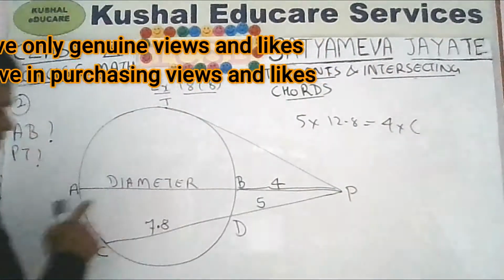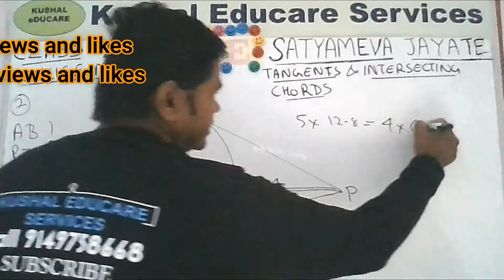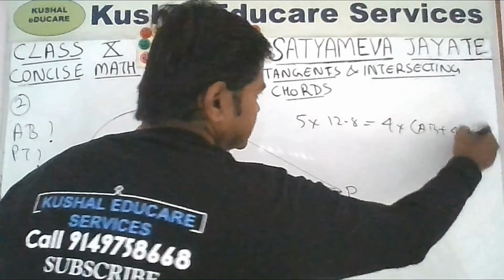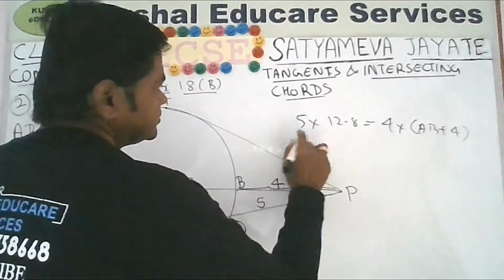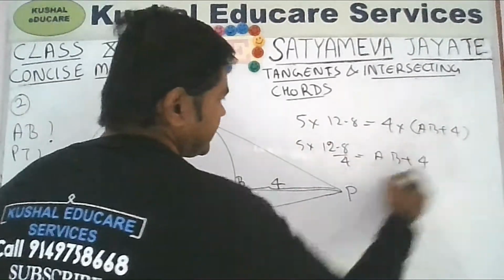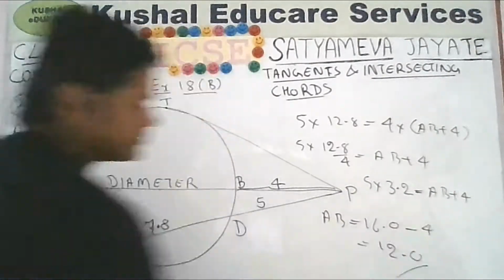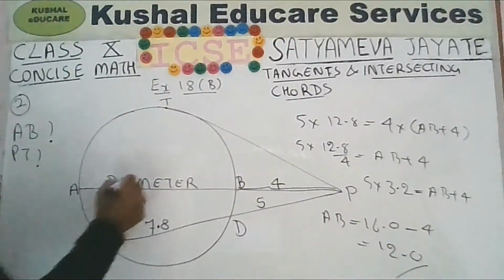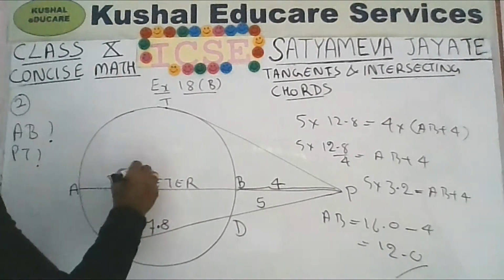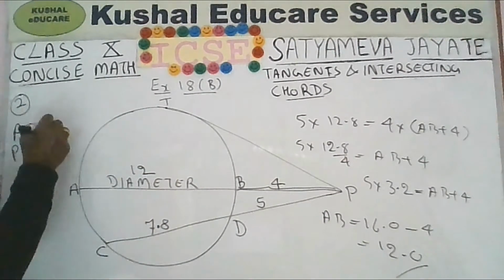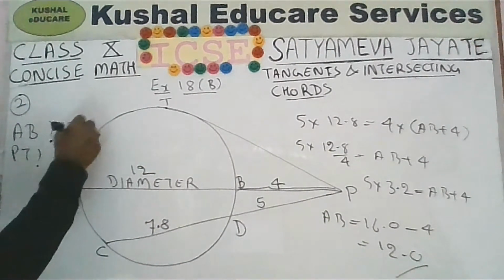So let me write here AB plus 4. Next you have to solve it. Okay. So AB you will get 12. So this finishes the first part. The length of AB will be 12 centimeter.